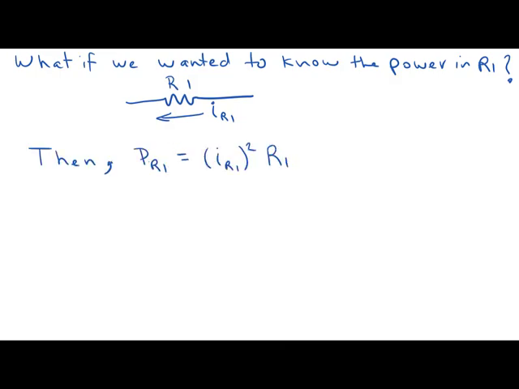Then we can find power using a formula that we know, where power is I squared R. So the power of R1 is the current through it, IR1 squared, times R1. Okay, it's pretty straightforward. And then if we substitute for the responses that made up the total response, it would be I prime R1 plus I double prime R1, all squared, times R1.